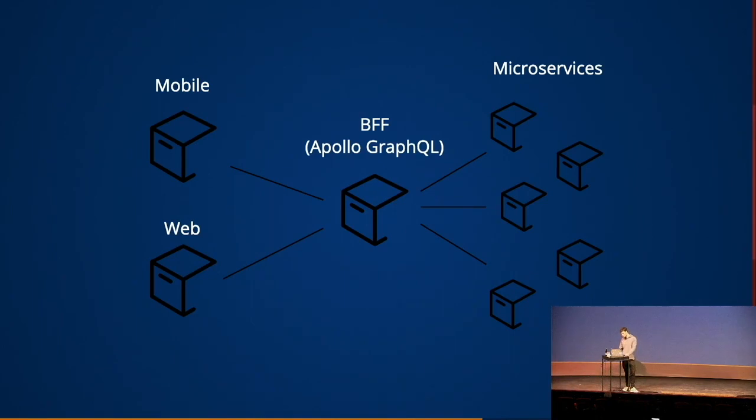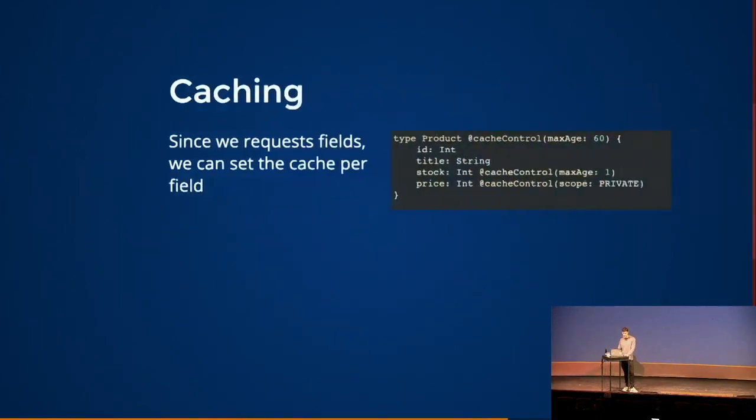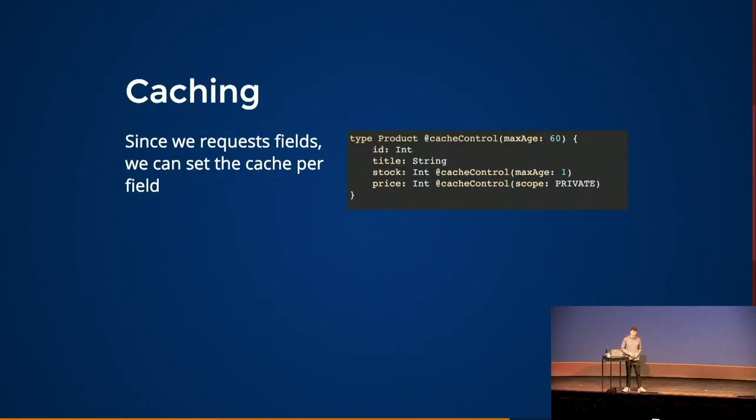And one other really cool thing that you can do with GraphQL is caching. Because we share the BFF now between the different applications, you can actually set caching field-based. And Apollo GraphQL and Apollo Engine provide some really cool things for this. It's called a cache control decorator. So for example, if I have a product, I can say, okay, I want to have this product cached for 60 minutes.